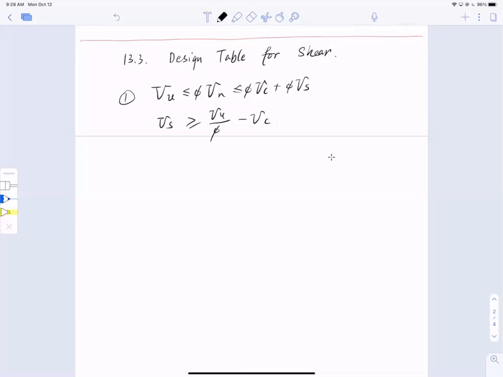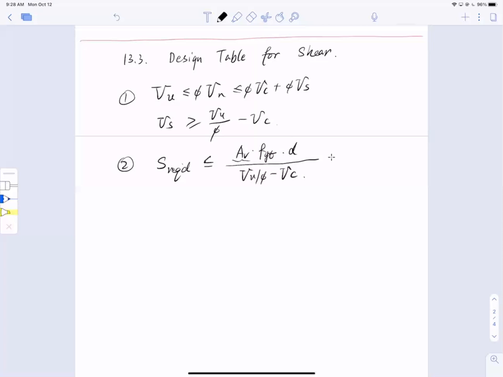After this step, we calculate the required spacing. S required has to be smaller or equal than AV, this is two legs usually, two legs of the stirrups, number 3 or number 5, either way, times FYT, the yield strength of the stirrups, times d, the depth of the beam, divided by VU divided by phi minus VC.